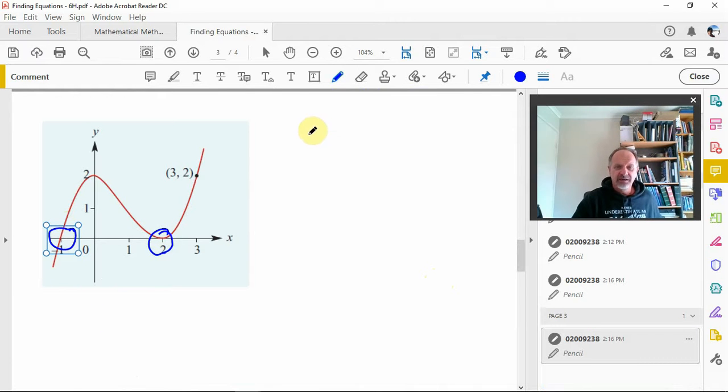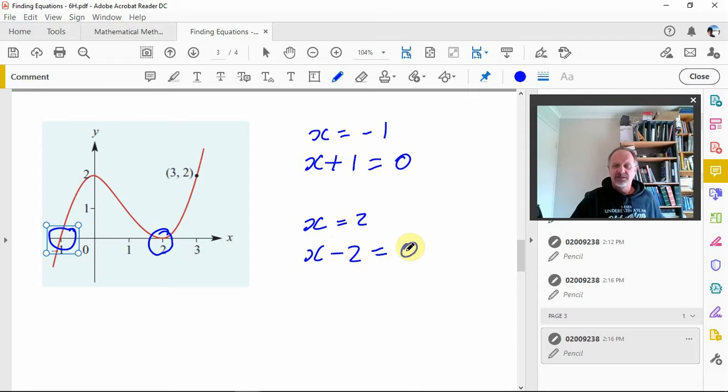Because here, for x equal to -1, if I add 1 to both sides, x plus 1 is 0. And the one here where x is 2, take 2 from both sides. So we're working backwards here from the null factor law.